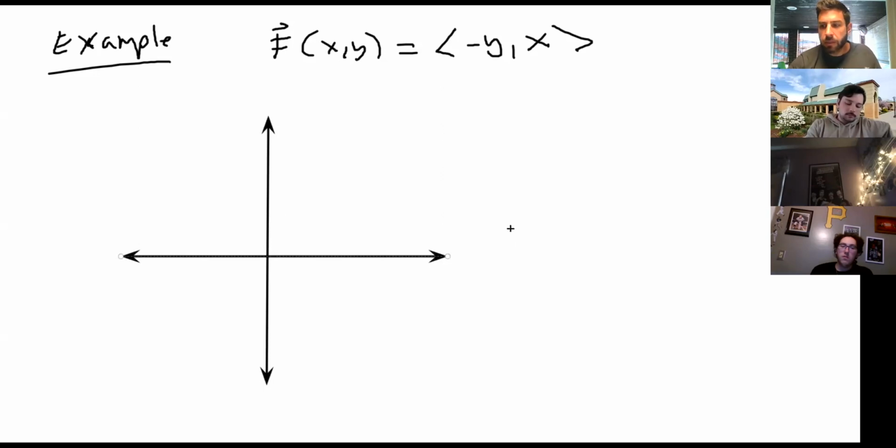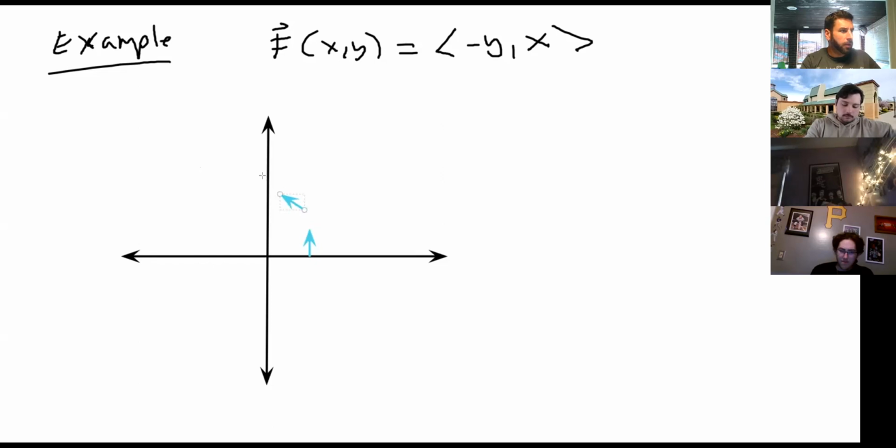So let's see. I got an idea. If I plug in 0, 0, I get nothing, but suppose I plug 1, 0 in. That's this point, and I get this guy. I get a vector that goes 0 left and right, but it goes up 1. And then if I plug in, say, 1, 1, then I get something that's tilted like this.